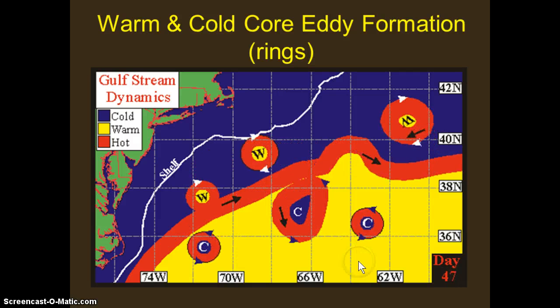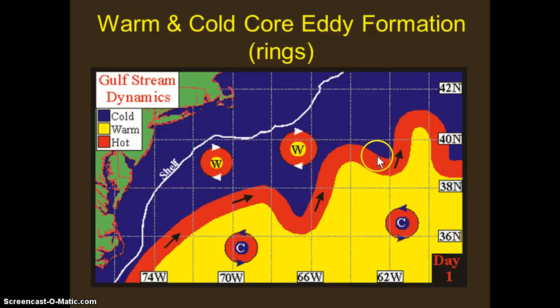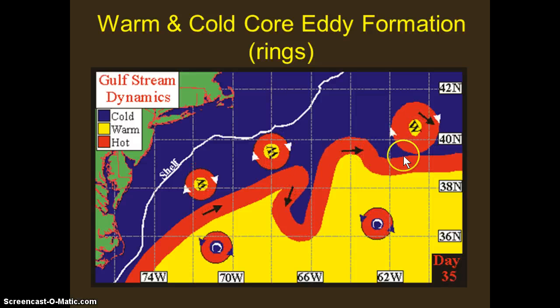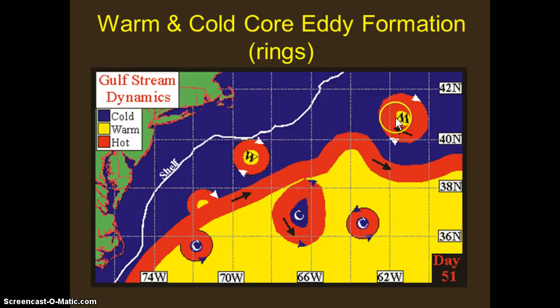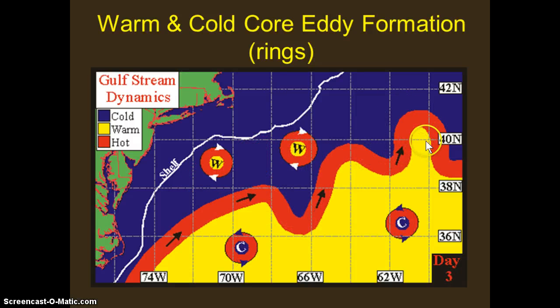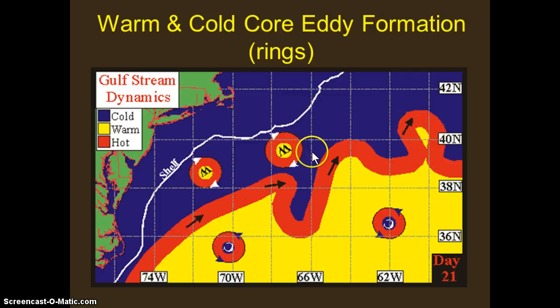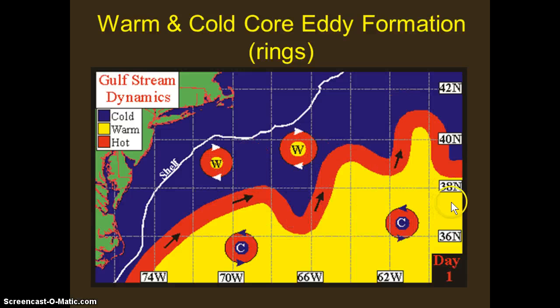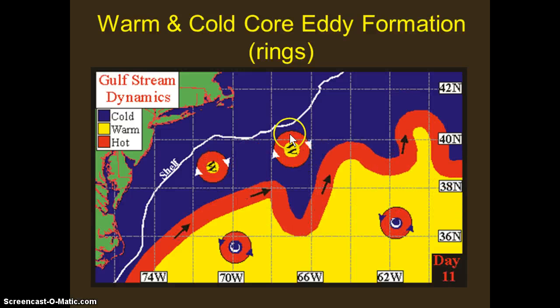low pressure center, right? But we can also have warm water getting pinched off here and trapped by some cooler water and spinning off in the other direction, clockwise, in what is a high pressure center. Okay, and these are eddies.